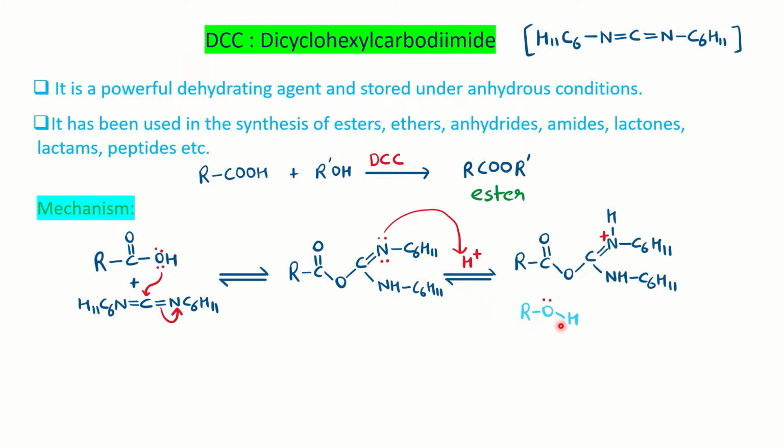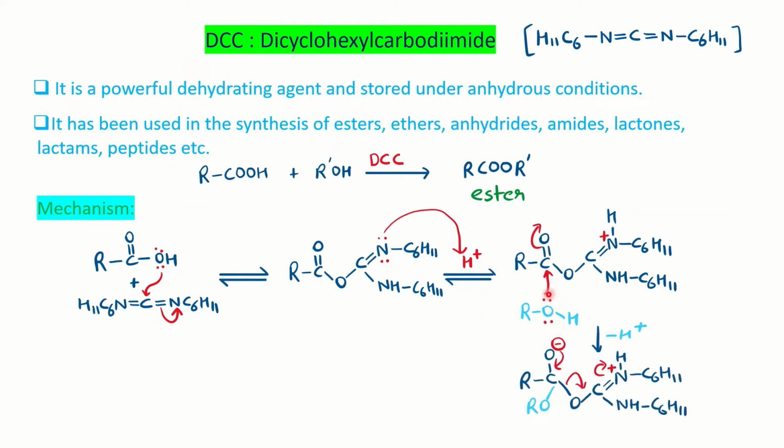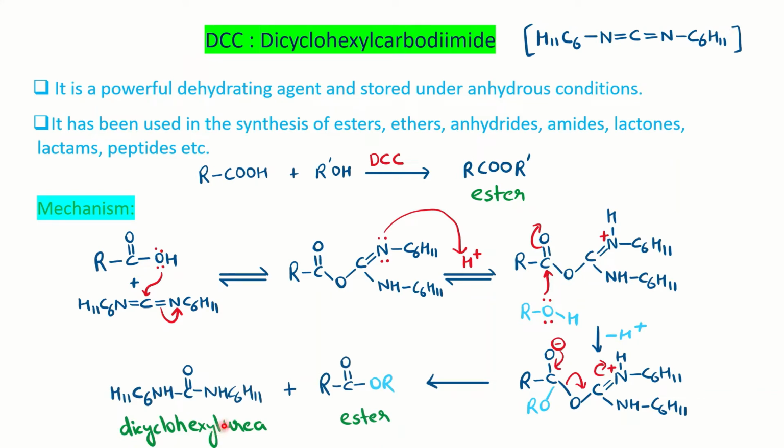Now you have the other reactant, which is acting as a nucleophile, the oxygen of the alcohol, and we know the carbonyl carbon acts as an electrophilic center. So the nucleophile-electrophile reaction will occur and gives you the intermediate, where you can show the release of DCC in the form of dicyclohexylurea, and it gives you the ester as the product. So this is how the loss of water takes place, and finally you get the ester product if acid and alcohol are given to you.